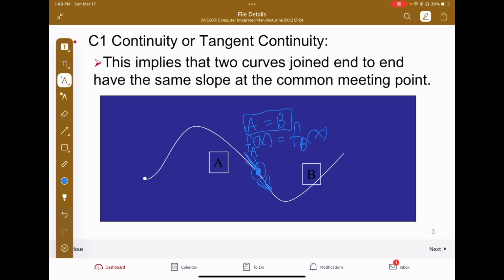Based on the point continuity, we need another, tangent continuity, which means the line goes through this point and has the same tangent as line B at this point. You can consider it as the derivative at this point being the same.